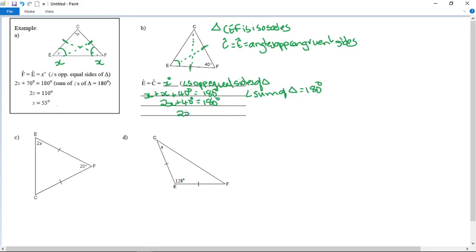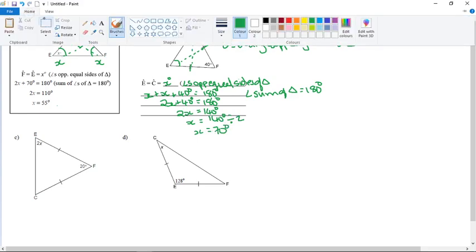So 2x, by inverse operations, if I'm adding 40 here, I must subtract 40. So 180 minus 40 is 140 degrees. So x, to get it by itself, I'm multiplying by 2, so on the other side I must divide by 2.